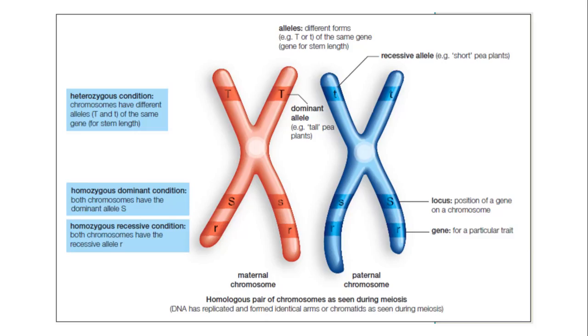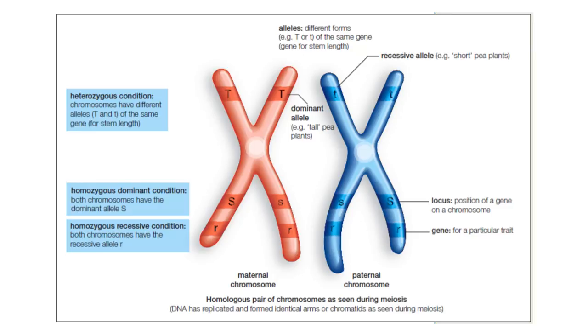So here we have a diagram which is depicting to us a few different things about alleles, genes, and heterozygous and homozygous. So alleles, we know that there are different forms, and if we're looking just at the top here, on the chromosome pair, the maternal chromosome has two dominant alleles, so the two capital T's, and we can see that on the paternal chromosome we have two recessive alleles.